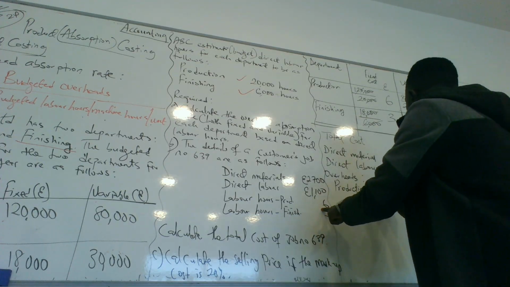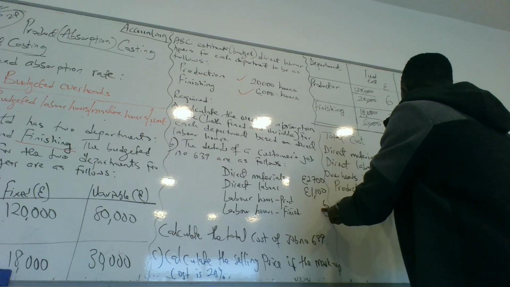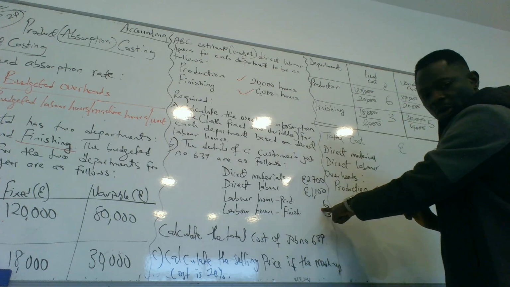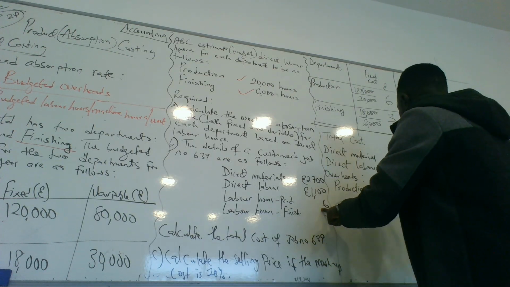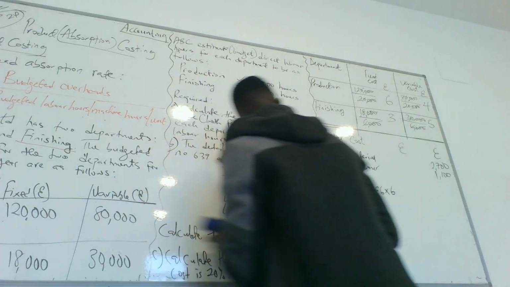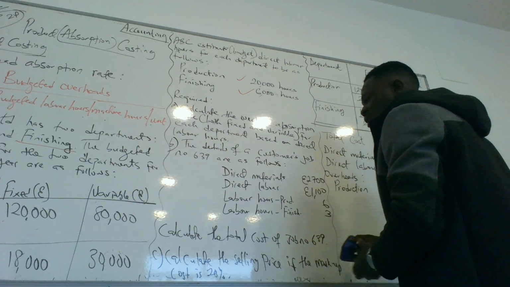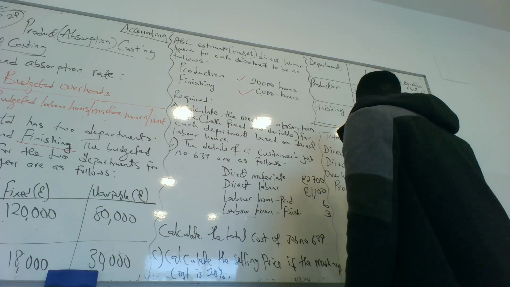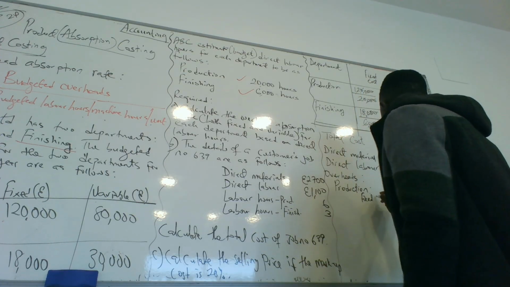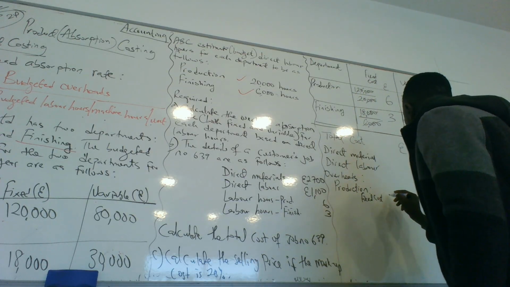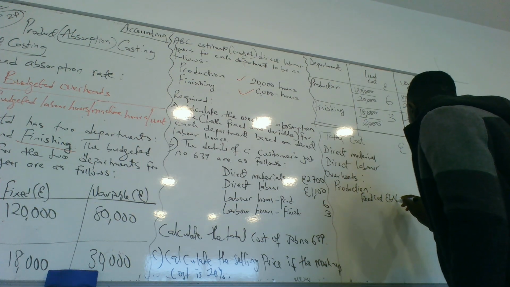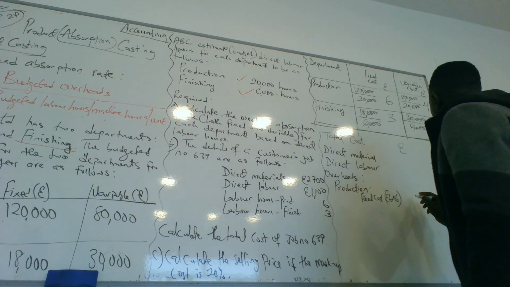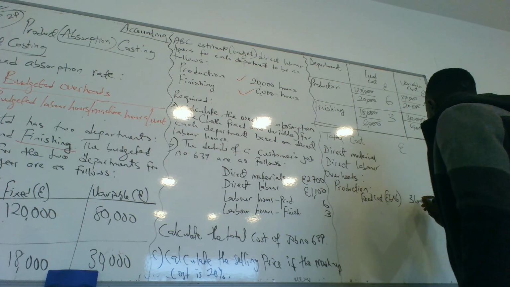So for fixed cost, that's 6 euros multiplied by 6, which is 36.